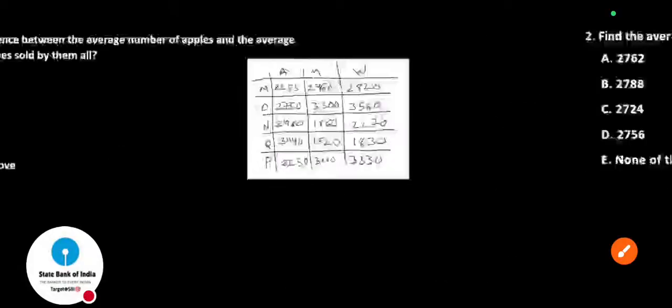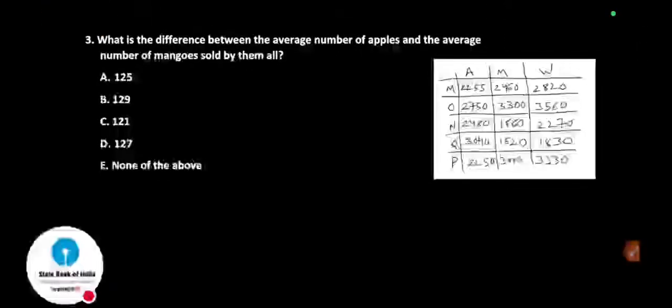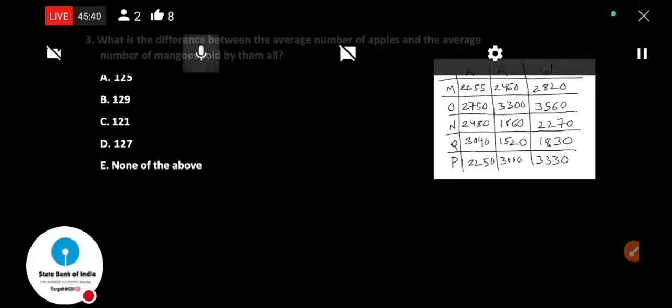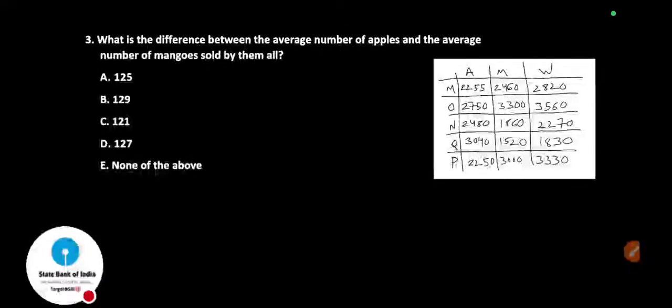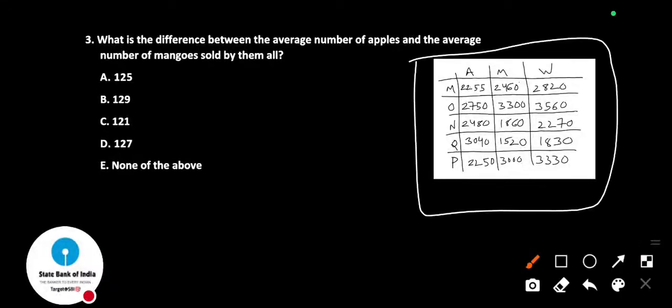Next, third question. So to solve this question, here is the data we got from the data interpretation. Let's solve this question. What is the difference between the average number of apples and the average number of mangoes sold by all of them?